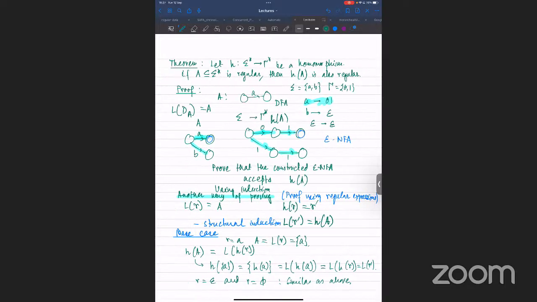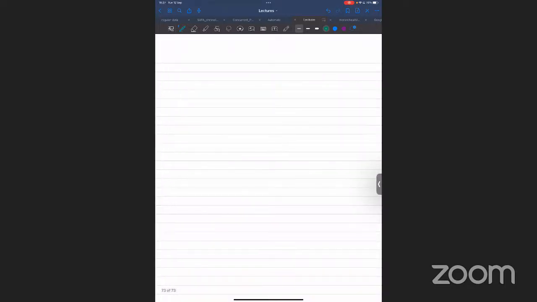Now let's say we look at an inductive case. You should tell me. So suppose an inductive case is R equal to R1 plus R2. And how are you going to do this? Suppose R equals R1 plus R2.